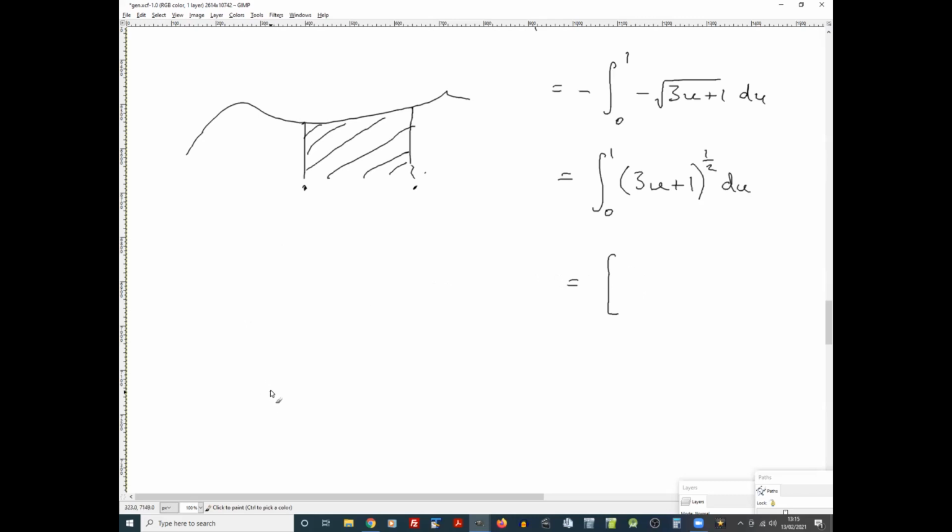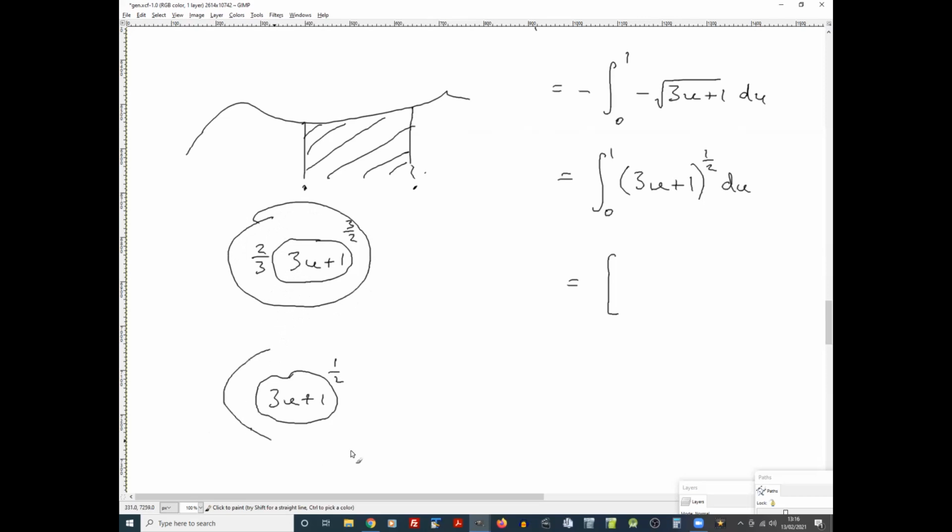But if we test that, the inner function is, you're right, that same inner function all to the power of 3/2 and therefore 2/3. But then we divide by 3. We'll need to, because the inner function differentiates to 3. That's right.